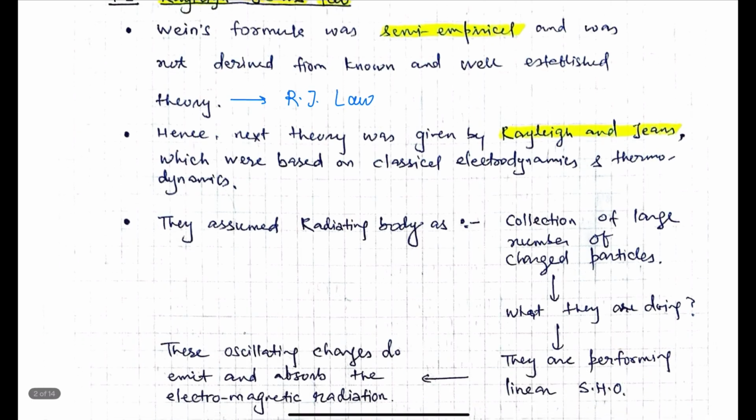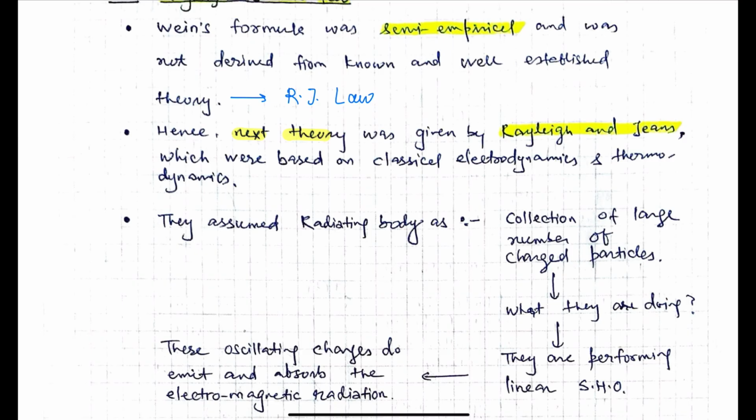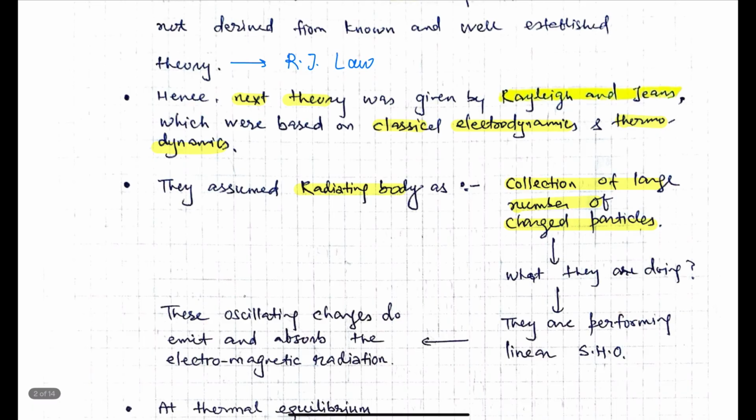Hence, the next theory was given by two scientists, Rayleigh and Jeans, and it was based on classical electrodynamics and thermodynamics. They did a very interesting thing: they assumed the radiating body to be a collection of a large number of charged particles. So what were those charged particles doing?